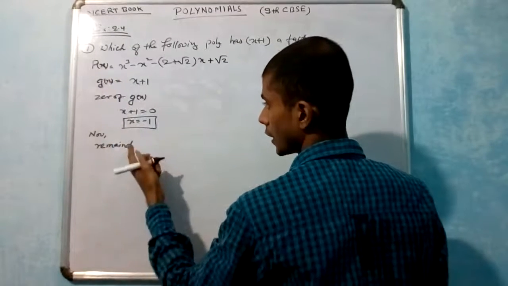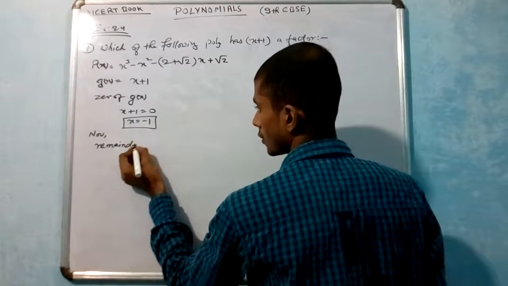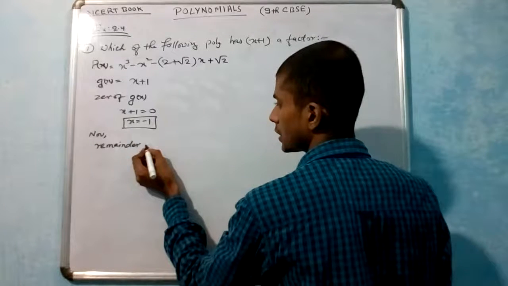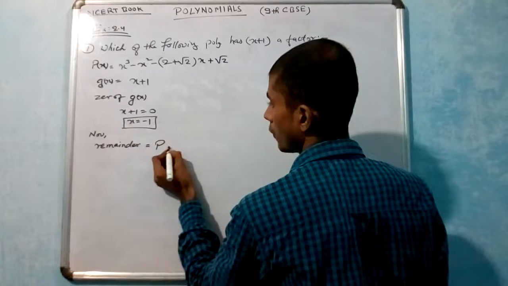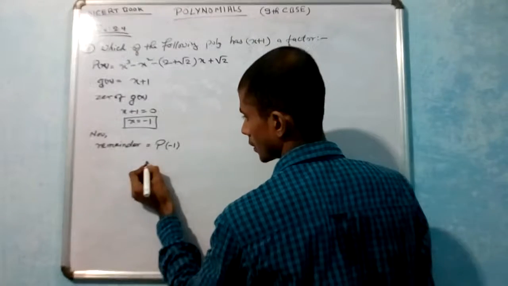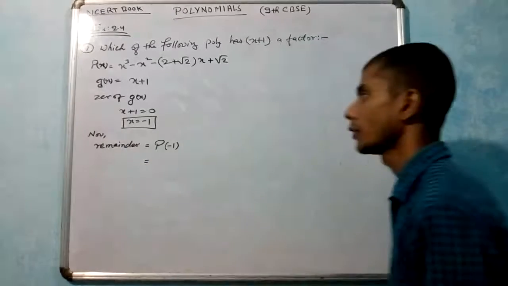What will the remainder be? Tell me. Remainder is equal to p of minus 1, that we have to find.